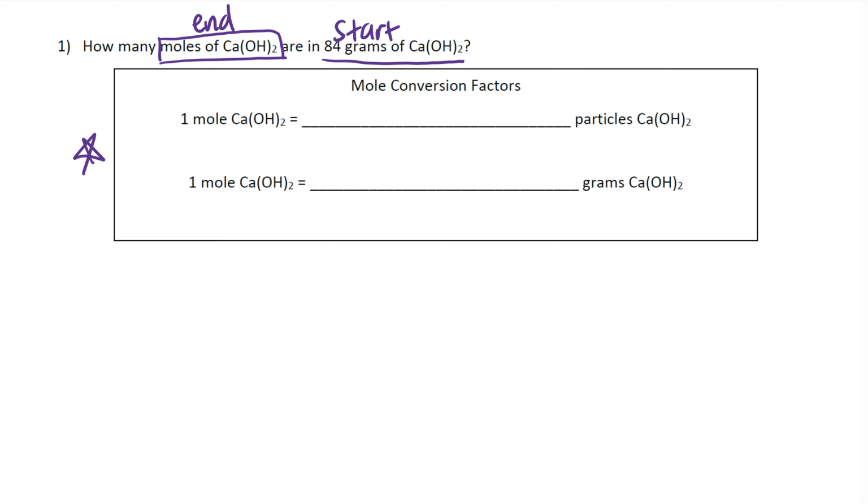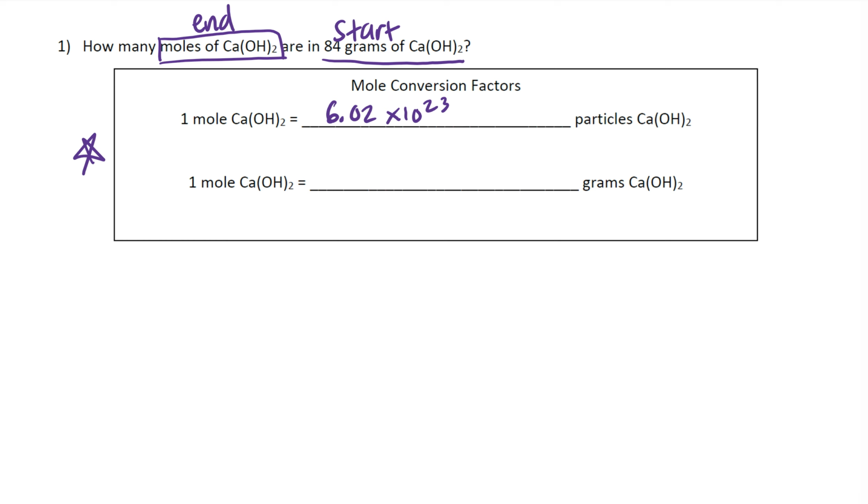You should also have written down this box of mole conversion factors. And these are conversion factors using the unit of mole. And mole is just a unit in chemistry to say the amount of substance, the amount of stuff that is present. 1 mole of anything is equal to 6.02 times 10 to the 23rd particles of that thing or that substance.